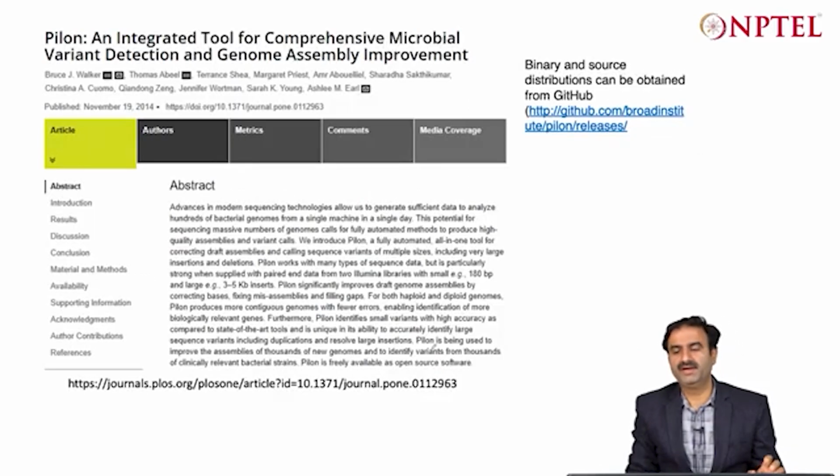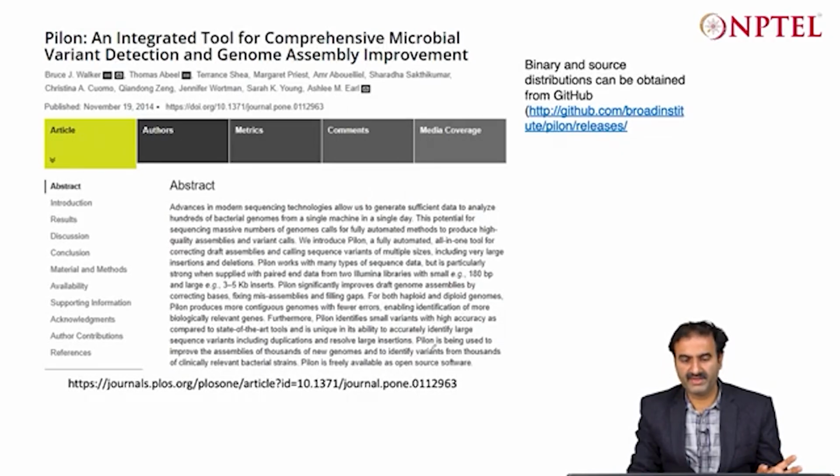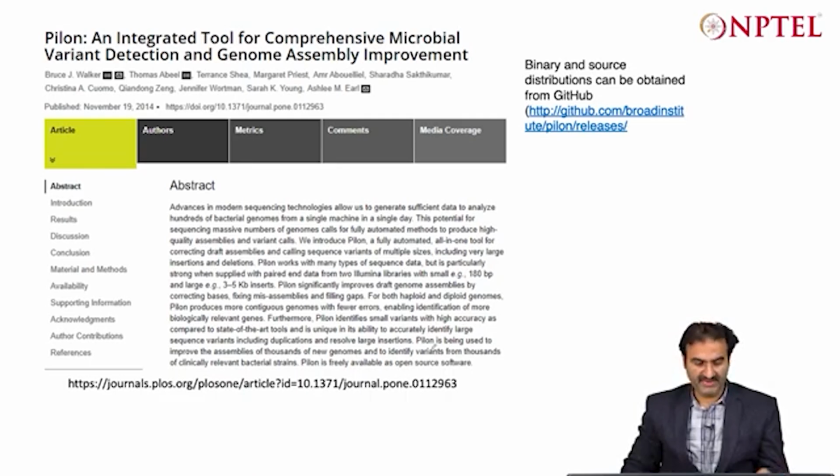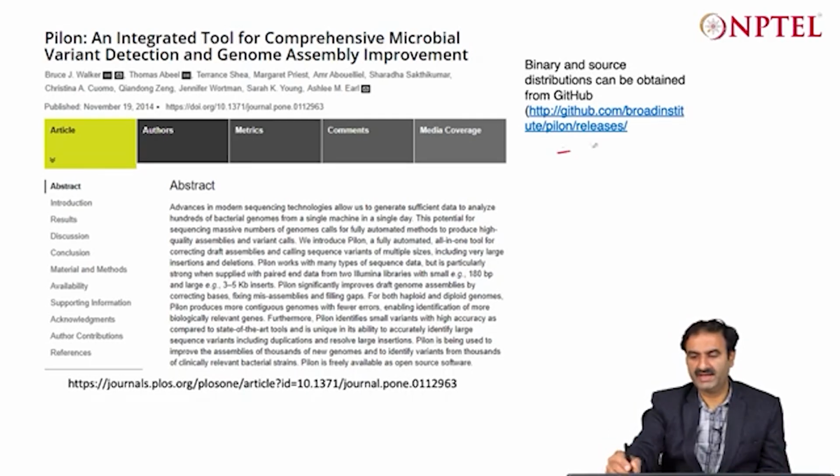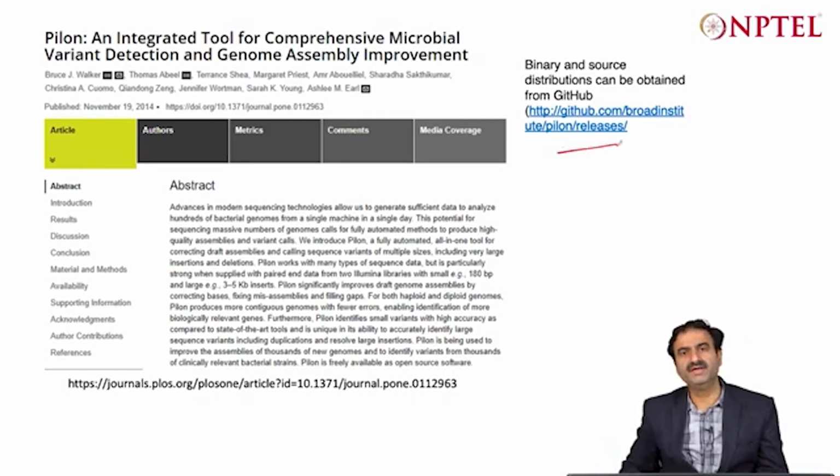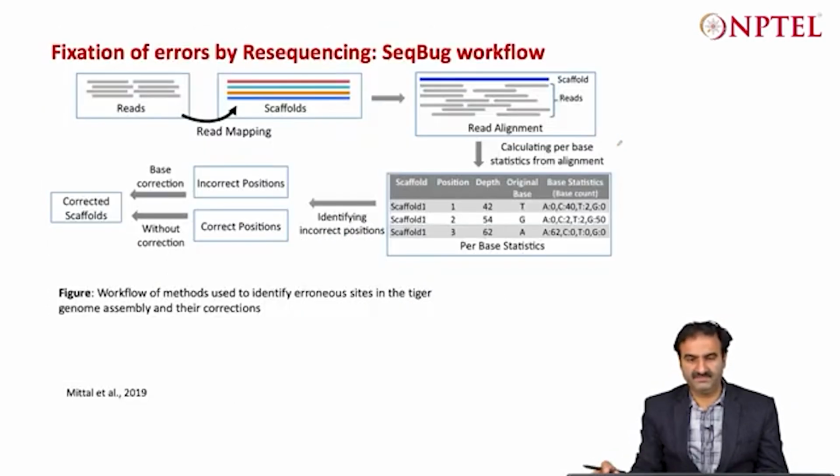So Pilon is a good tool which is used for this purpose, and it's commonly used to correct the errors in the final genome assembly. Okay, and it was published in PLOS One and is available again at GitHub, which is the source for all the free bioinformatics software that are published.